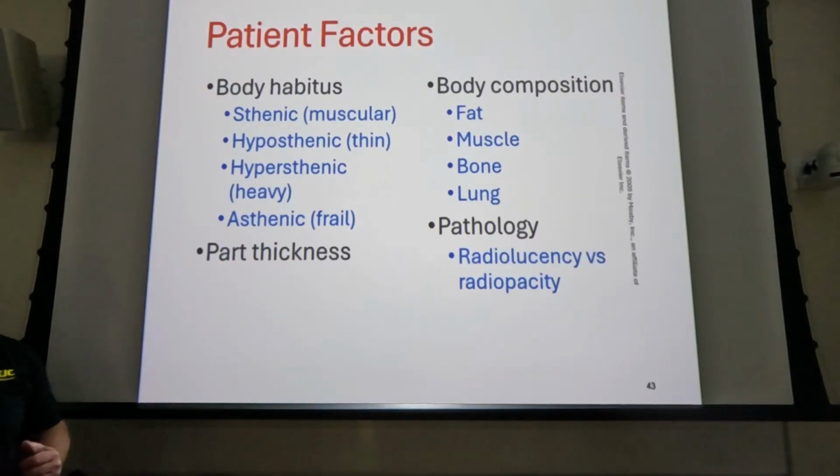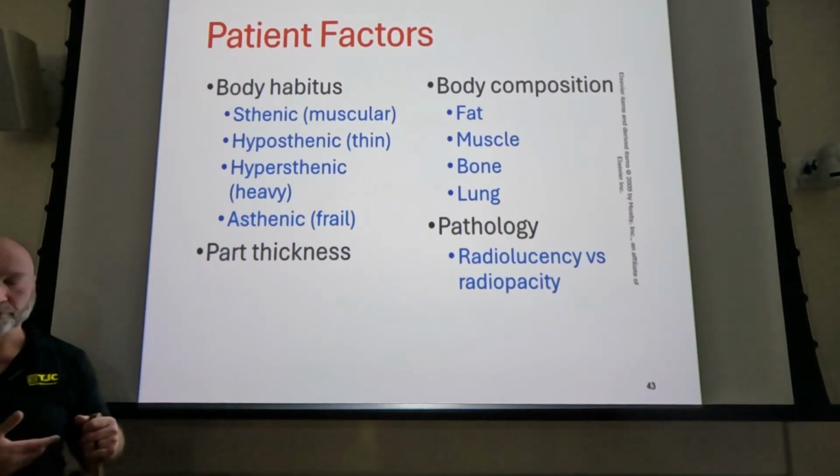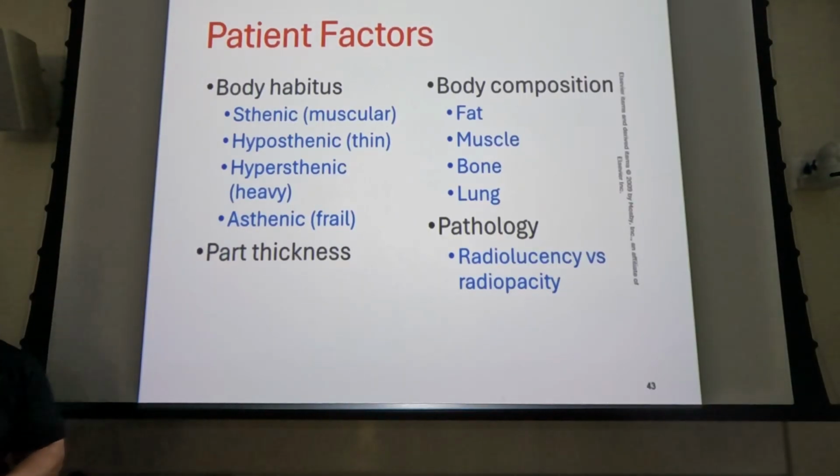Okay. So all of those will affect the appearance of your image and could then affect your technique. So in pathology, it gets a little bit dicey. What technical factor are you going to change? Well, it depends, really. Most of the time, what we want to do is avoid creating more scatter radiation. So let's go back to the patient with the pleural effusion. What type of tissue emits more scatter radiation?